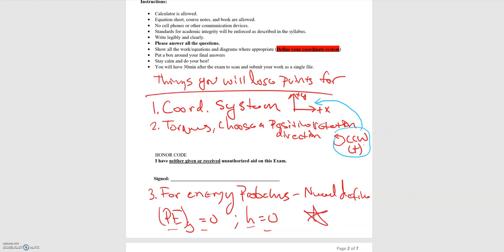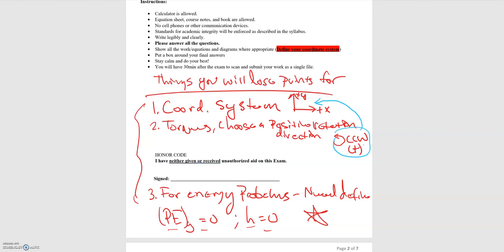So those are the 3 main things that I'm going to be looking for, in addition to the normal diagrams, free body diagrams, rigid free body diagrams, motion diagrams, all of the stuff that we've been doing. But these specifically are the easy points. You're talking a coordinate system and a PEG, or the gravitational potential energy 0 point.